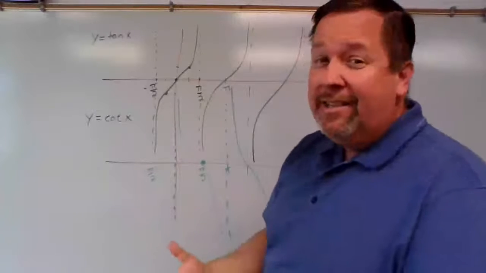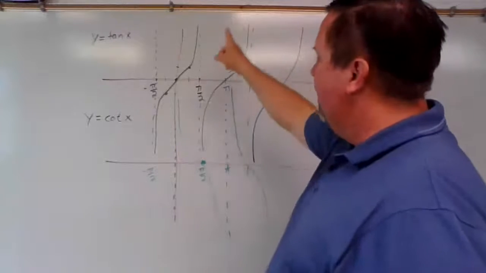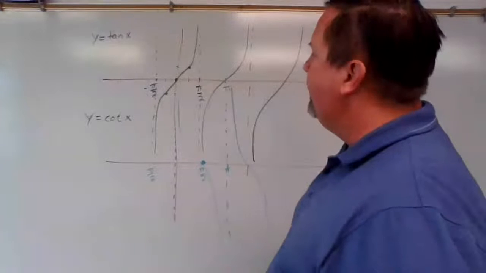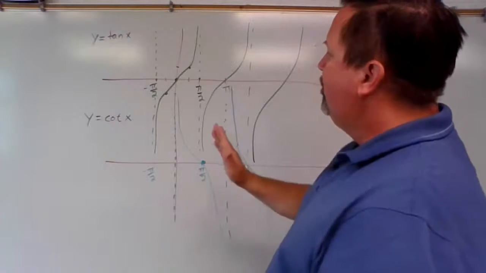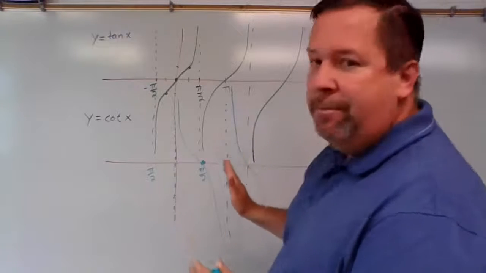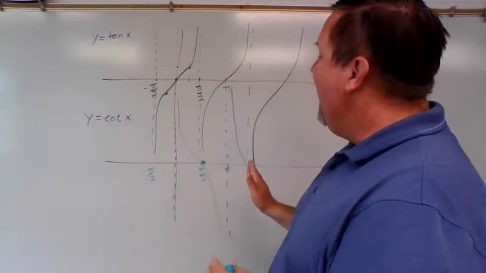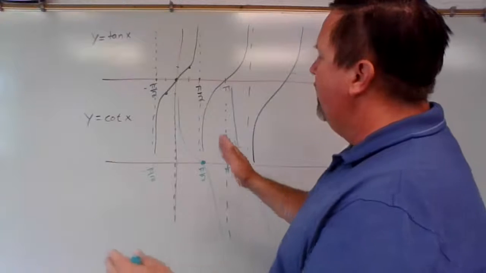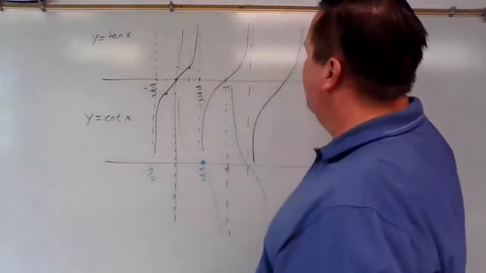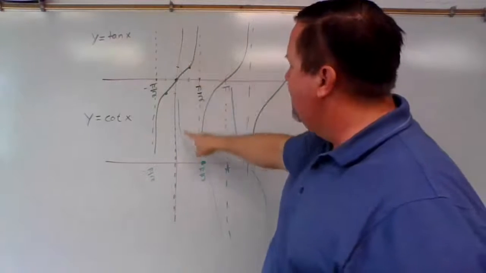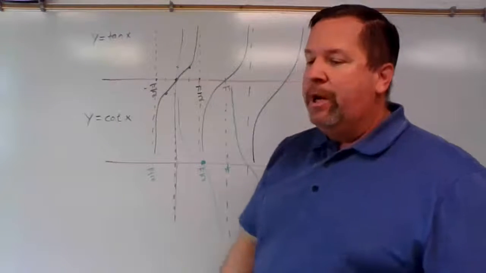So they kind of look the same. They have this elongated twist curve to them, but they're shifted over. They have their asymptotes in different places. And where the tangent kind of goes bottom to top as we go left to right, cotangent goes top to bottom as we go left to right.